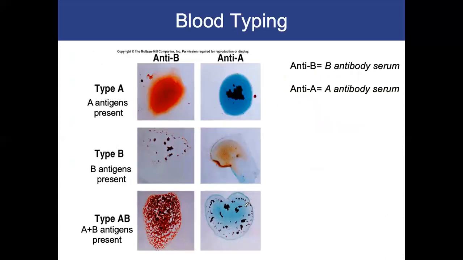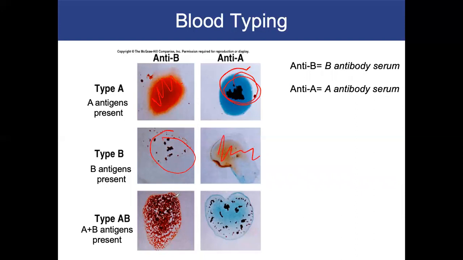Here's a picture. So here is type A blood. Type A blood is going to agglutinate when we add A antibody to it, right? Notice B antibodies don't cause any agglutination. Type B blood is going to agglutinate when you add B antibodies. And so here's agglutination for B antibodies, no agglutination for A antibodies.